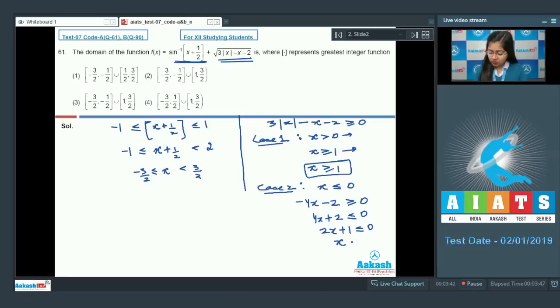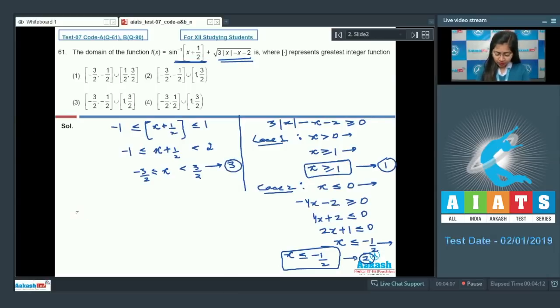That is x should be less than or equal to minus 1 by 2. Now taking intersection of this and this, we can say that x should be less than or equal to minus 1 by 2. So these are the two values of x that we get from here, and we have to take intersection of 1 and 2 with 3, right?